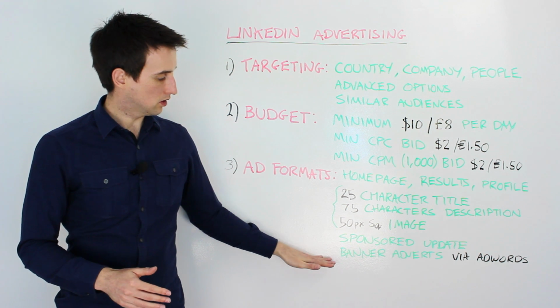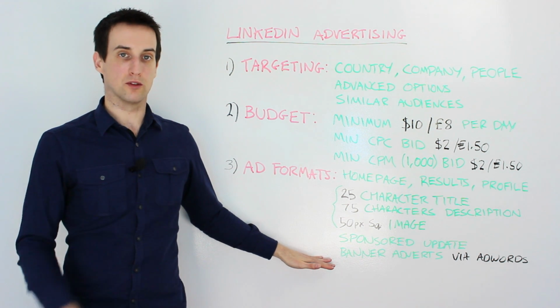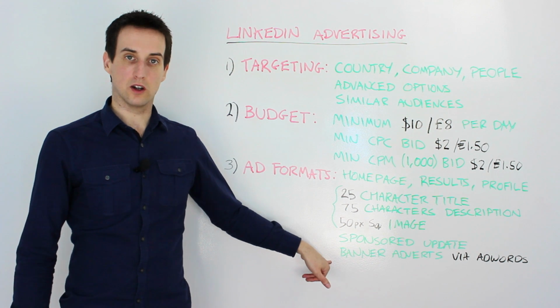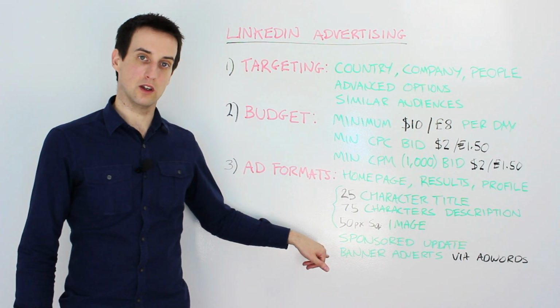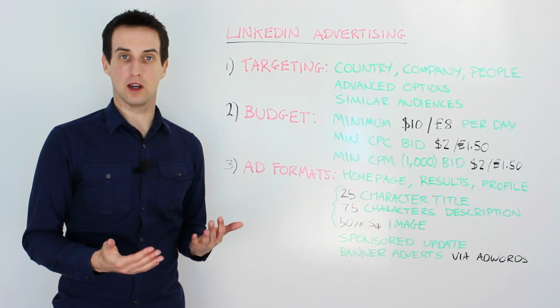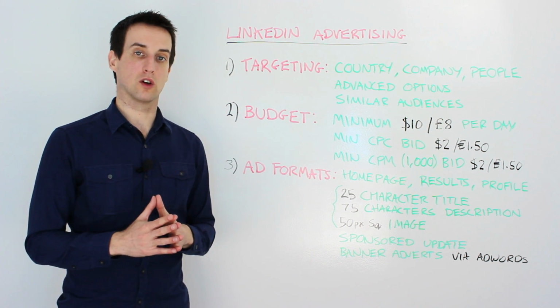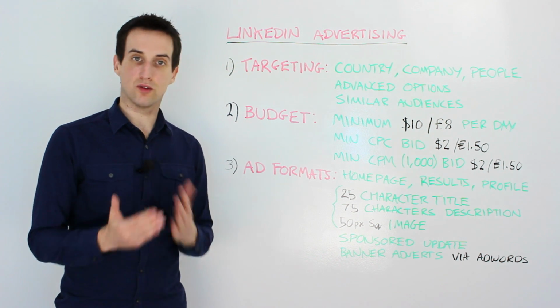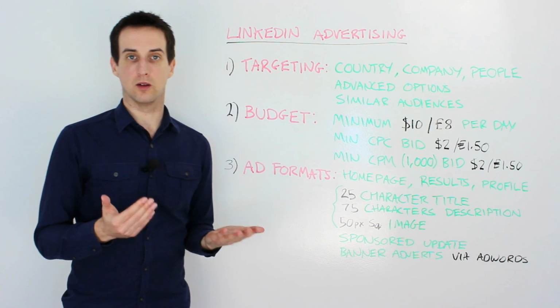And then if you want to focus on more rich media advertising, even video, you can use the Google AdWords platform separately by creating a display targeting campaign and setting the placement as linkedin.com only, so you're only going to be targeting linkedin.com. But you can have a variety of banner styles.